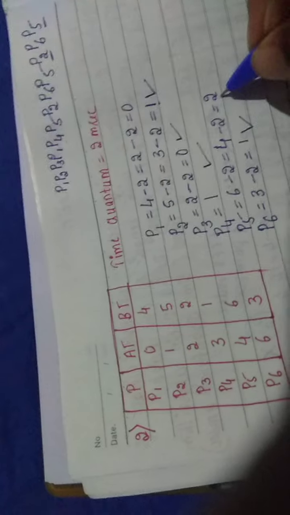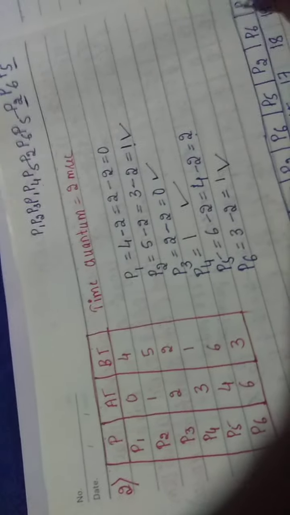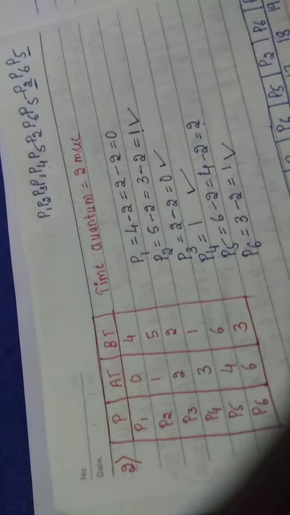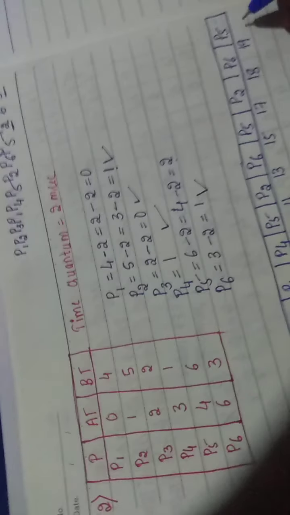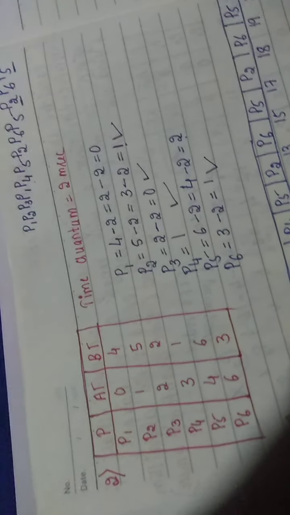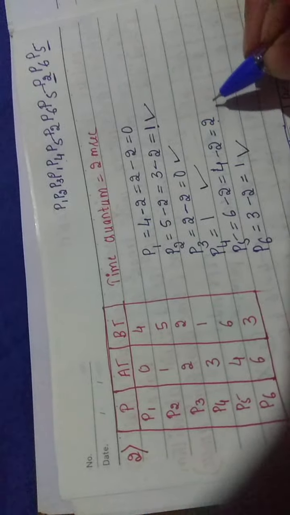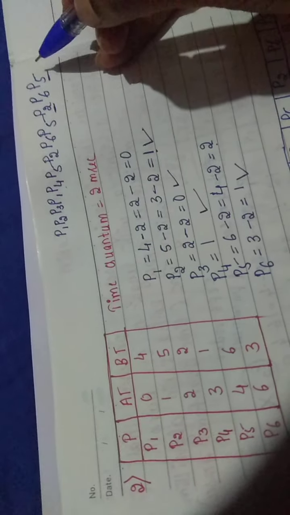And the last process remaining is P5 now. He requires 2 milliseconds. Okay. 19 plus 2 is 21. It doesn't require any other chance. So I'm not going to put him back again. Okay. So process P5 also completed.